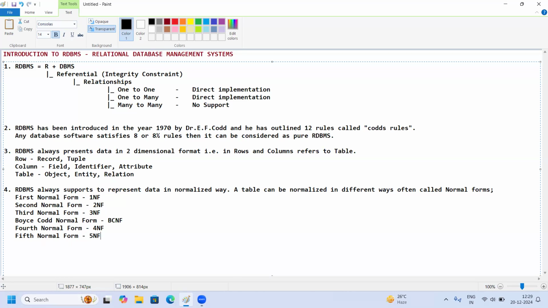Every normal form is connected to some set of rules again. 1NF has rules, 2NF has rules, 3NF has rules, BCNF has some rules, fourth normal form has some rules, and fifth normal form also has some rules.